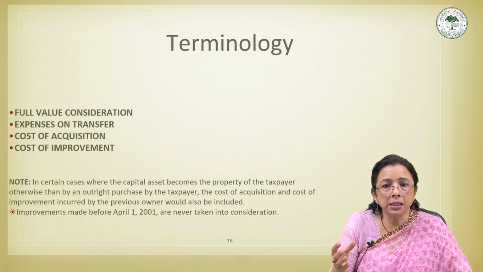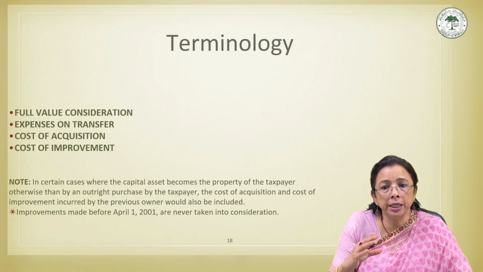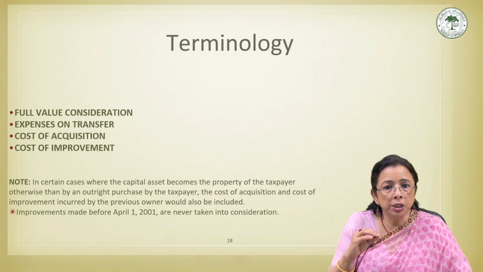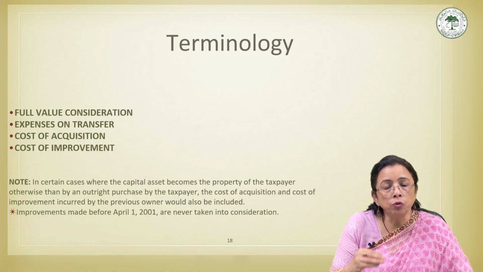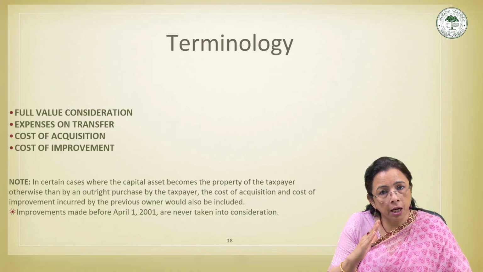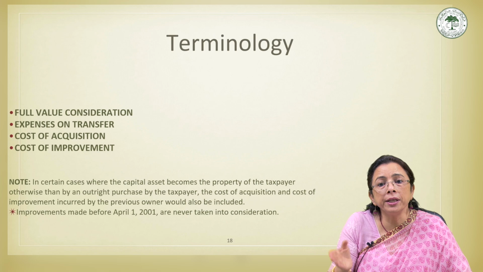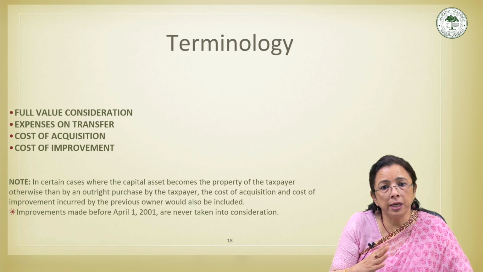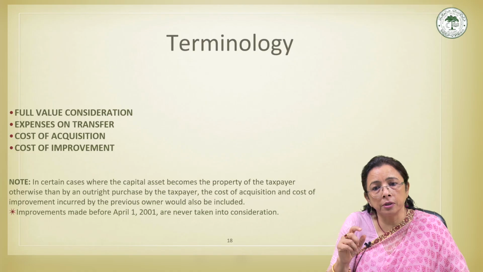In such a case, the full value of consideration under the deeming provision can be included. So that means the house was first for 50 lakhs, but now it is for 60 lakhs, so this 10 lakhs of stamp duty value will be included in this.